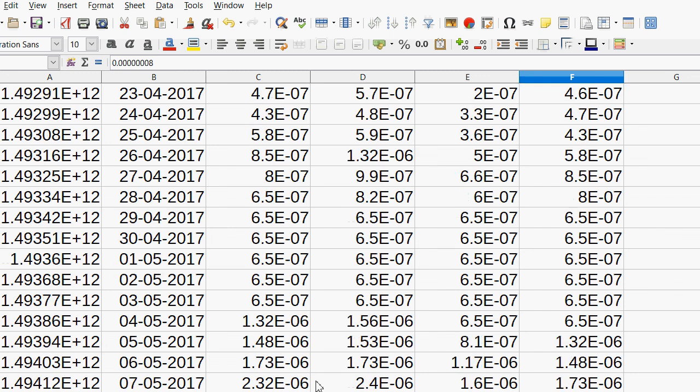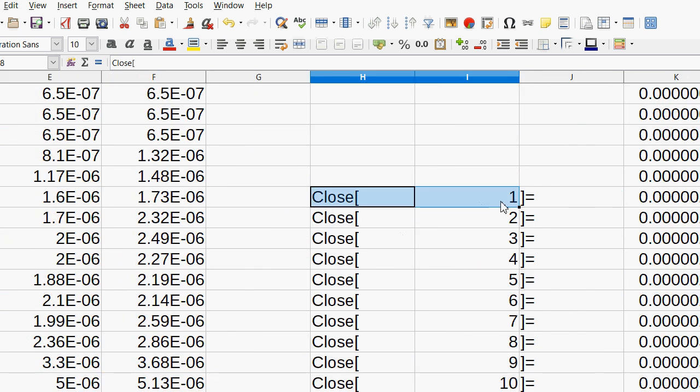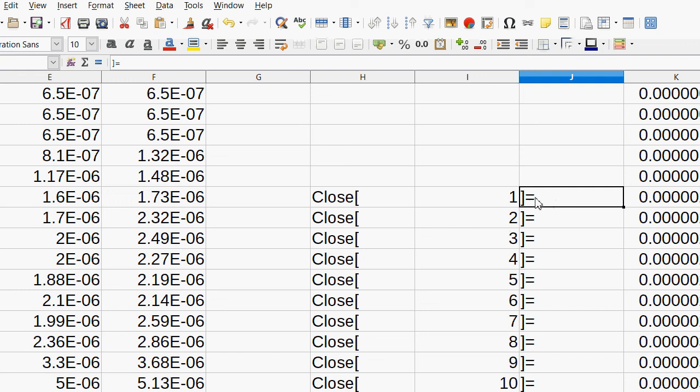I started when the price just started moving at a decent number. So close 1 equals, so what I do in column H, I only did this once, and I just change this every time. I wrote close, and then the number here, and copied and pasted all the way down. Put the 1 here, and each one below is equal to the previous level plus 1. And then the right column and equals to finish off what I'm going to need.